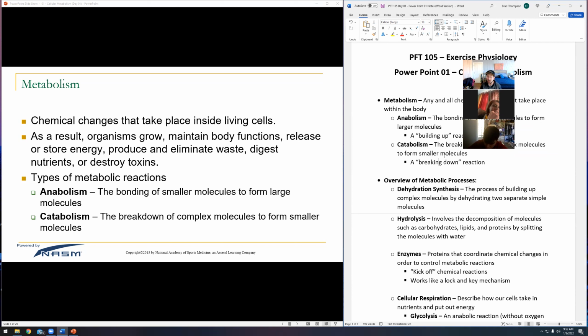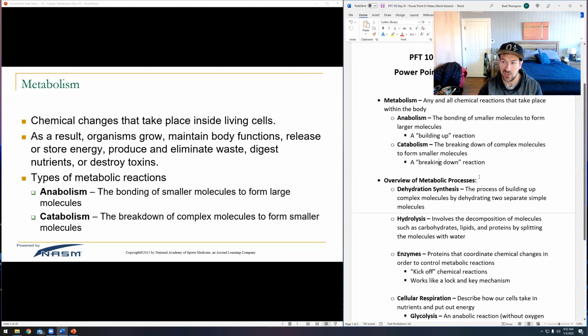When you take in a donut and your body breaks it down into a bunch of sugar, and you get a sugar rush, that's part of your metabolism. When your brain makes a thought, that's part of your metabolism. Any and all chemical reactions. If it is a chemical reaction taking place in your body, it's part of your metabolism.